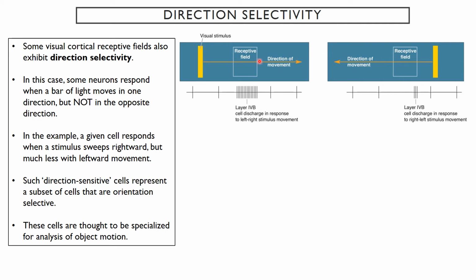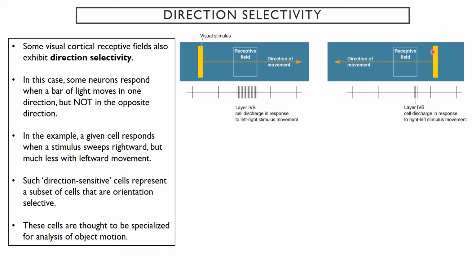If the bar is moving from left to right through the receptive field, as long as it's the right orientation, it will stimulate activity in the receptive field here. So this particular neuron will fire if the bar travels across the receptive field in this direction.